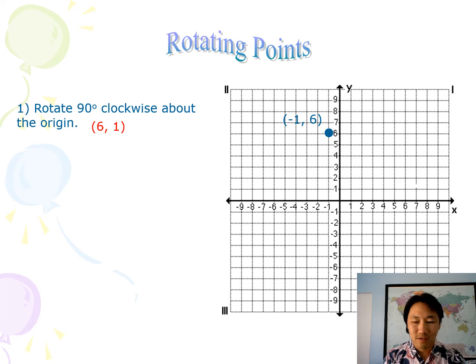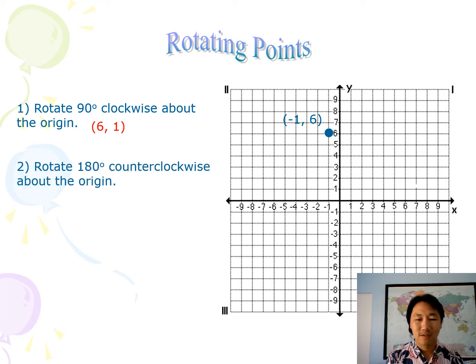Let's do another one. Rotate 180 degrees counterclockwise about the origin. So again, about the origin means you're going to use the center as the pivot point, tie a straight string to it, and then go counterclockwise 180 degrees.